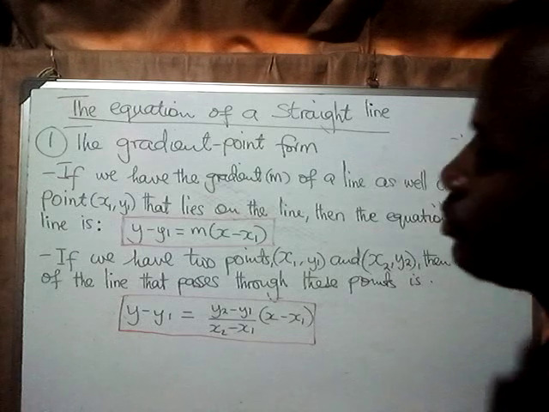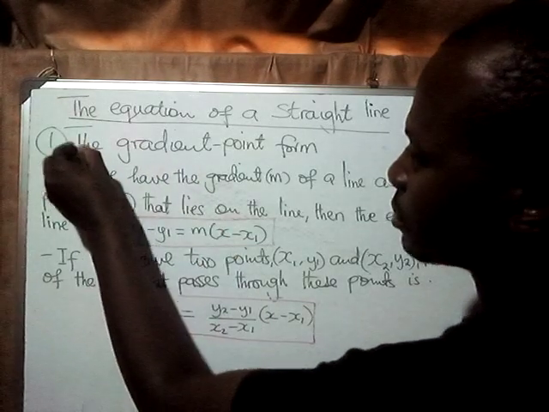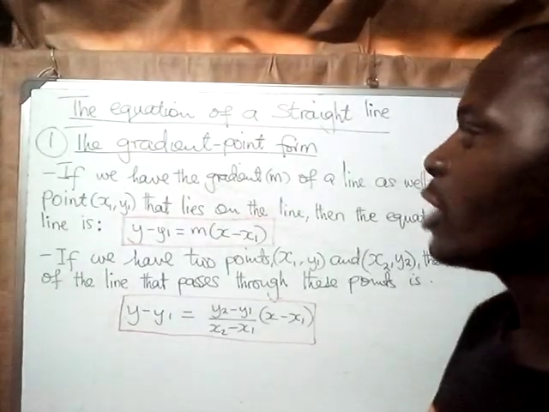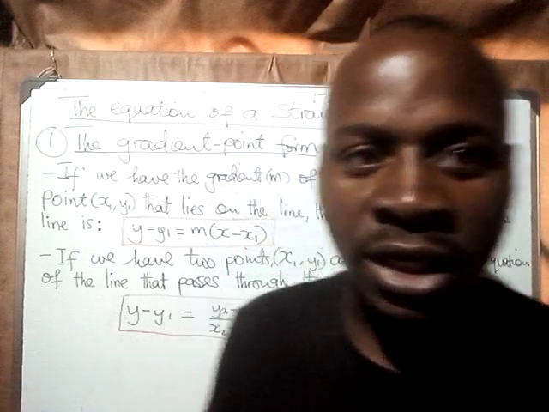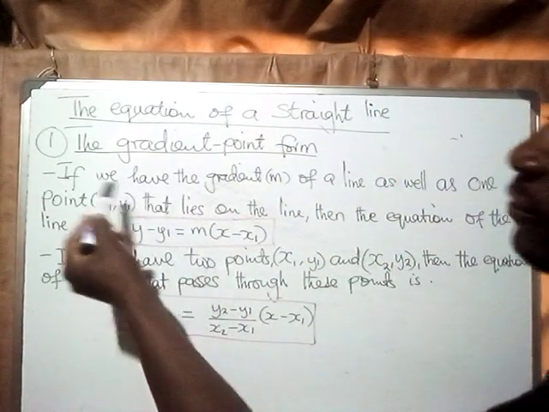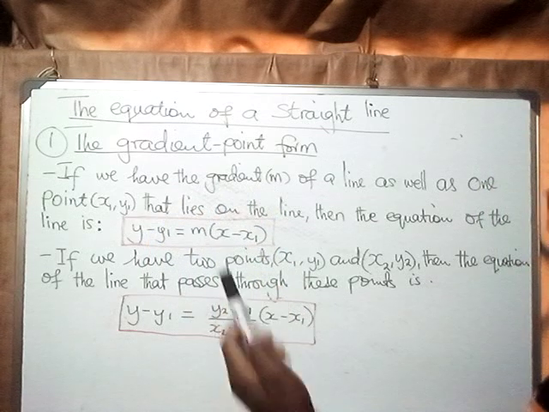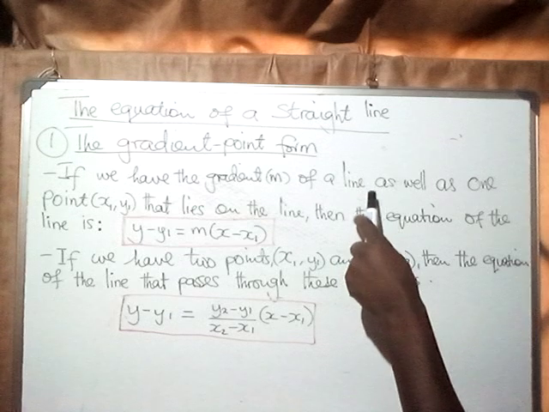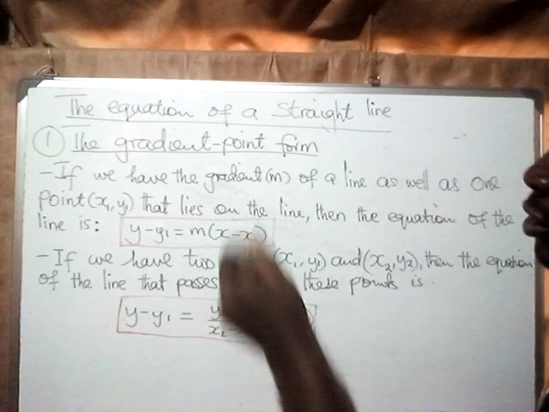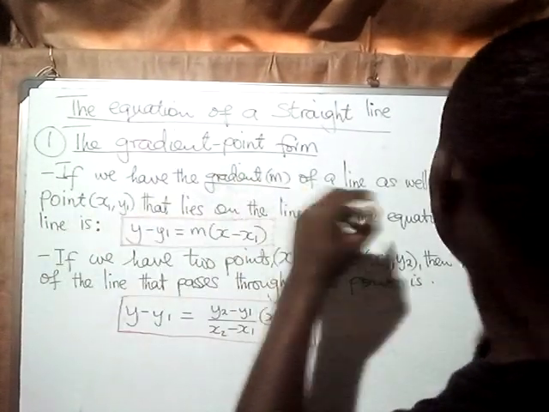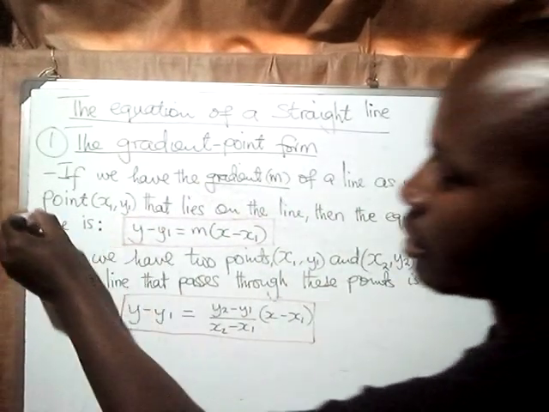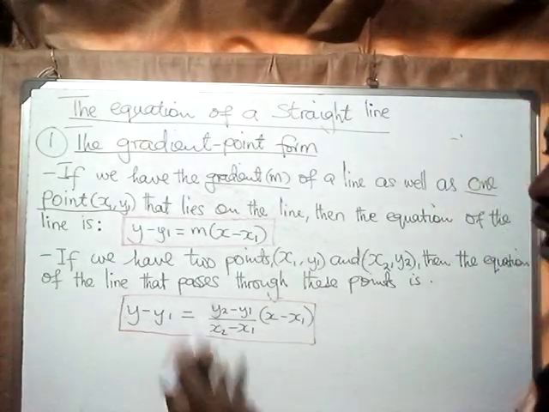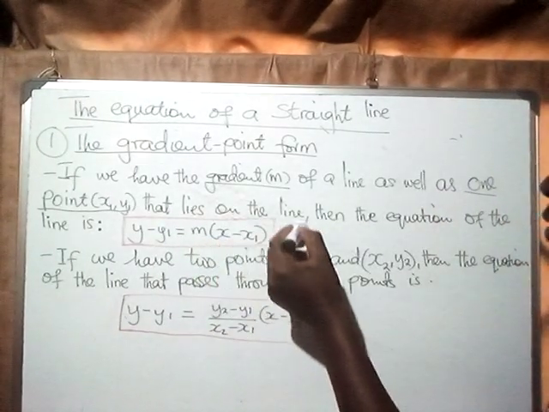So the gradient-point form is the first way we can come up with the equation of a straight line. This applies when you have been given the gradient of a line as well as one point, one coordinate that lies on the line.